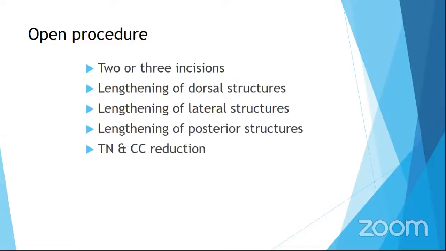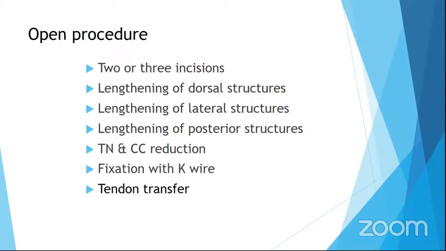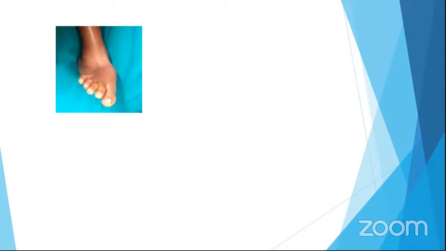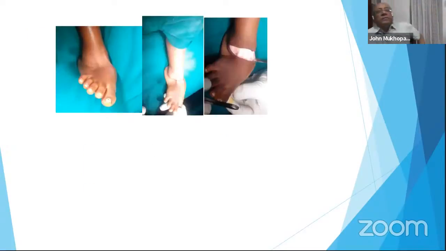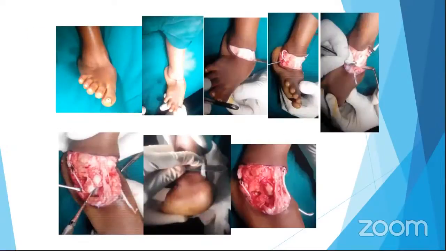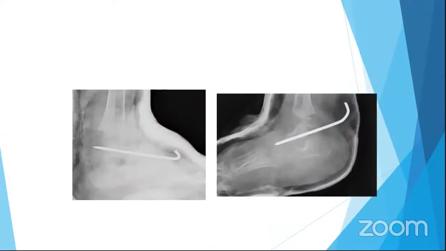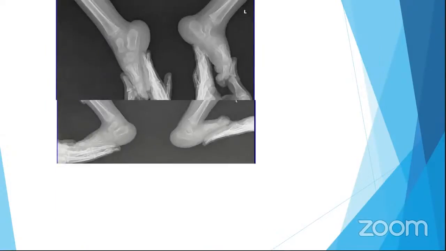The dorsal structures are tibialis anterior, EHL, EDL, peroneus tertius; the lateral structures are peroneus longus and brevis; and the posterior are the tendoachilles and the capsule. Then do the talonavicular and calcaneocuboid and fixation with the wire. Some people also do a tendon transfer, tibialis anterior to the neck. These are the few steps of the plaster and fixing with the wire.